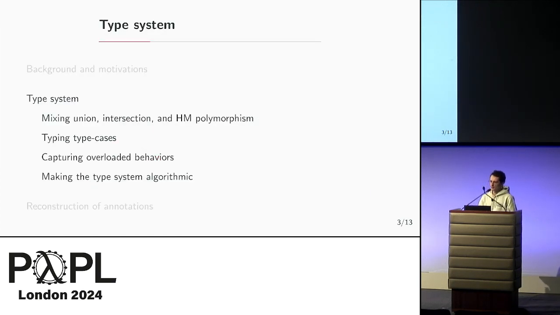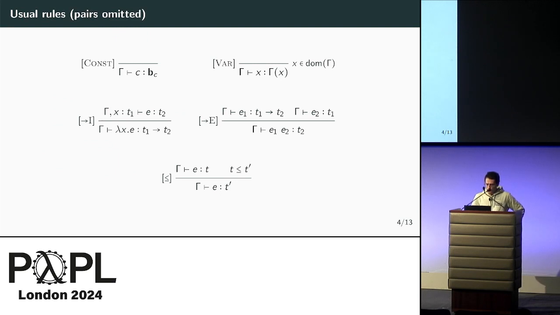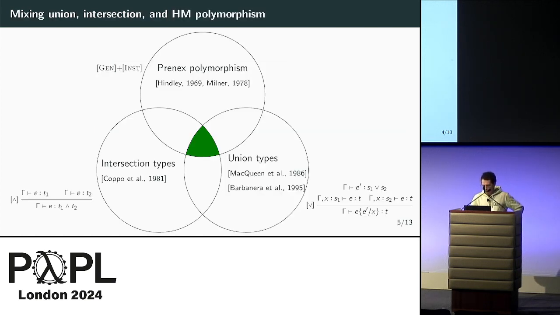So now let's build the type system. We start with some usual rules. So we have a rule for constant, for variable, for lambda abstraction, and for application. Also, as we have subtyping, we have a subsumption rule. Now we are going to add some more rules in order to increase the expressivity. So these rules are from the natural deduction logics.